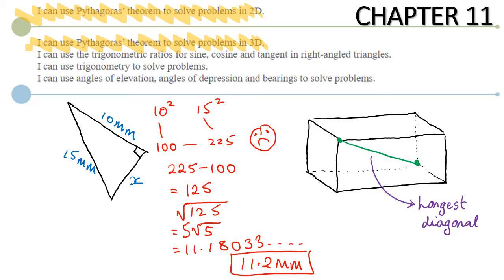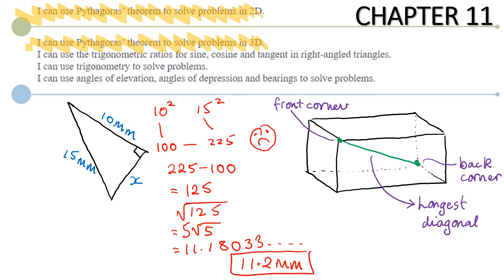That longest diagonal goes from this front corner, at the top, to the opposite corner at the back, at the bottom. So it goes to complete opposite corners. Now, to do Pythagoras in 3D, it's very easy.